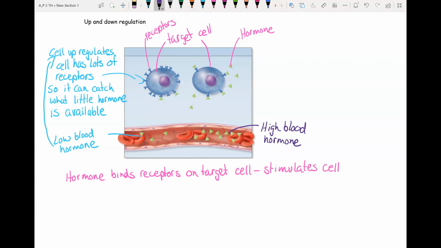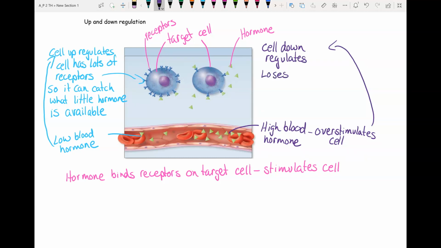Too much hormone overstimulates a cell, and cells do not like this overstimulation. So this will cause the cell to downregulate, which means it will get rid of some receptors.